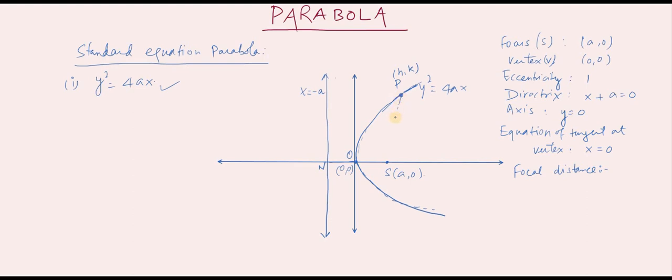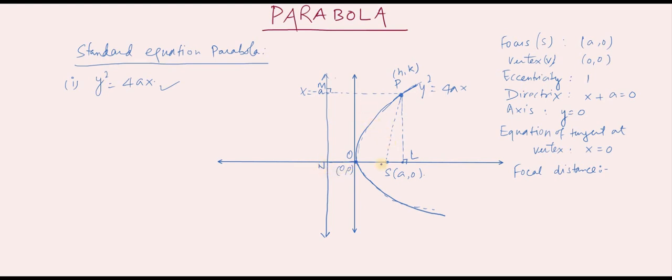Now if we want to find the length of PS, we know by the definition of parabola that it is equal to PM, where PM is the perpendicular distance from the point P to its directrix, so PS is equal to PM. Let us drop a perpendicular from P to the axis of the parabola and denote its foot as L. So PL is perpendicular to the axis of the parabola from P.